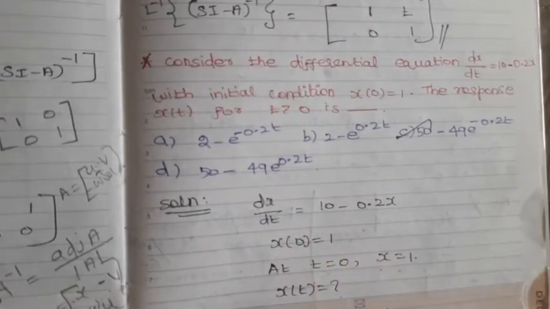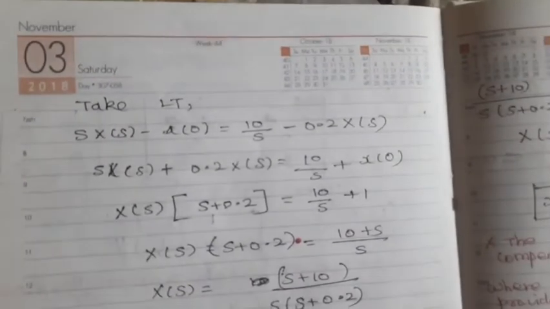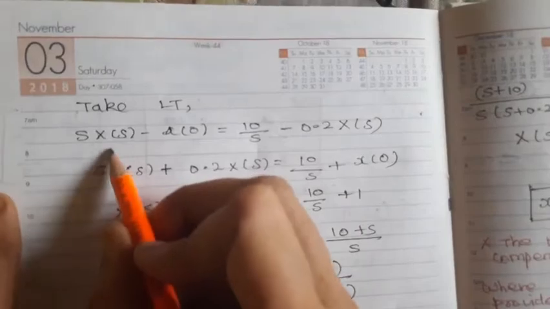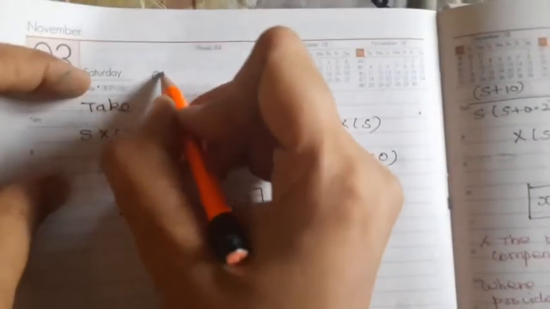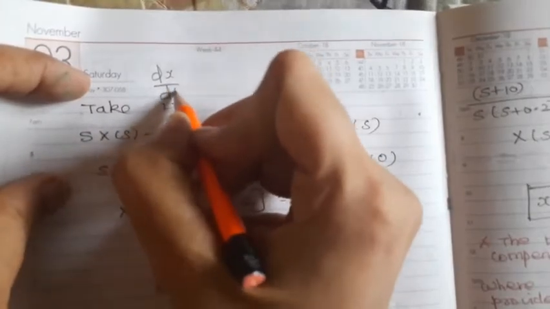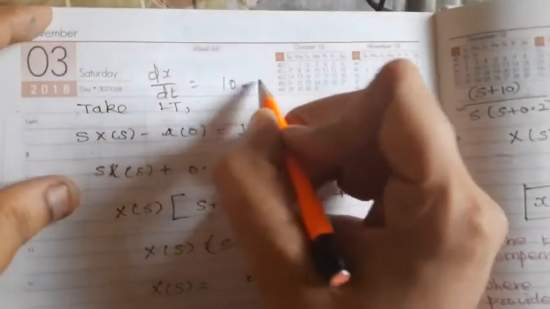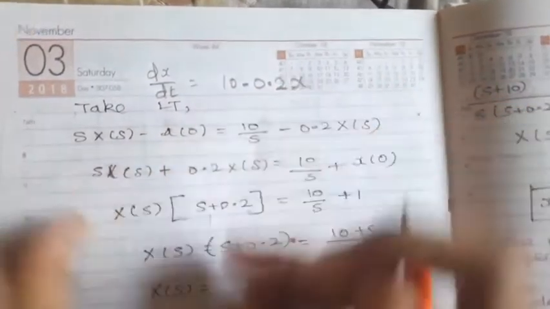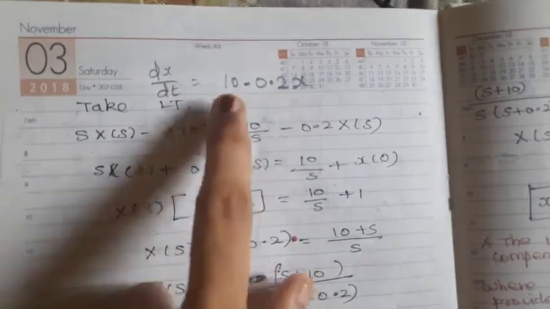So just write down dx by dt equals 10 minus 0.2x. We take the Laplace transform using the differentiation property: s into x of s minus x of 0 is equal to 10.